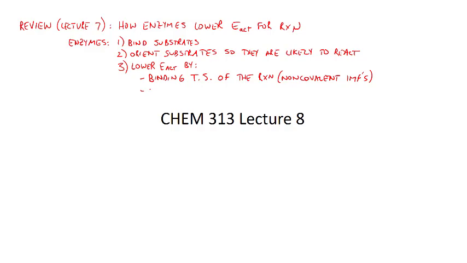In some cases, the enzymes provide an alternate mechanism for the reaction. And the idea behind providing an alternate mechanism is that maybe there's another possible mechanism that has a lower activation energy than the one that would be present without the enzyme. And so it can do this by acting as an acid or a base. And we saw that in malate dehydrogenase in lecture 7. We saw that there's a histidine that's acting as a base.